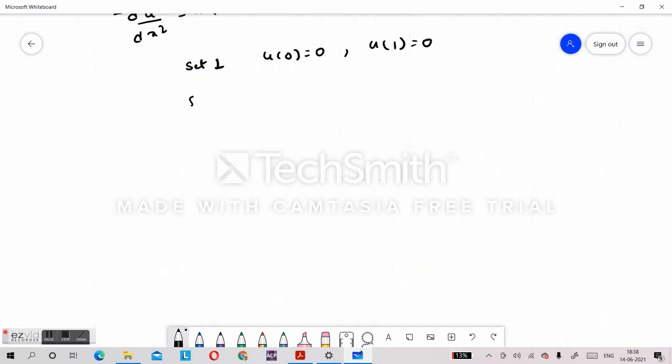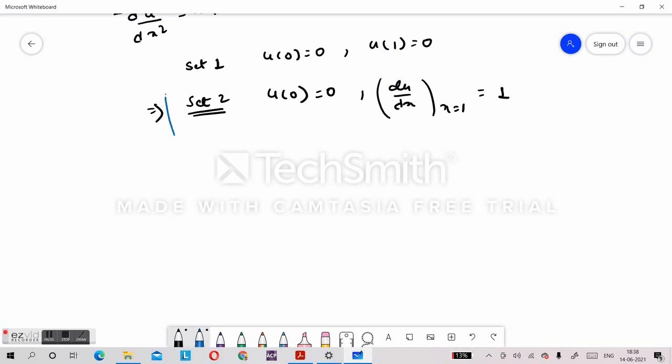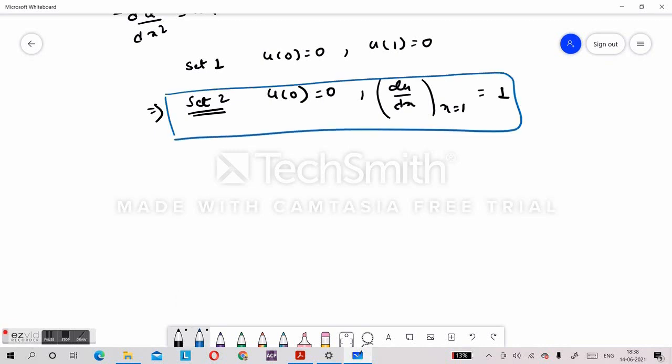Now we will solve it for set 2 boundary condition: u(0) equals to 0 and du/dx at x equals to 1 equals to 1. Today we will solve for this set of boundary condition.